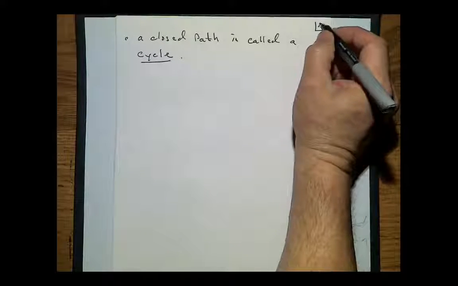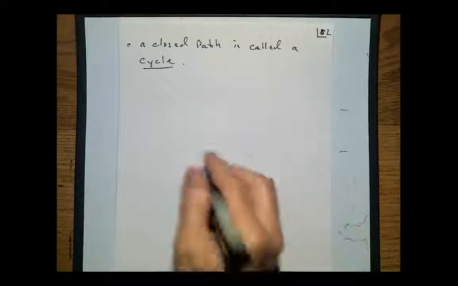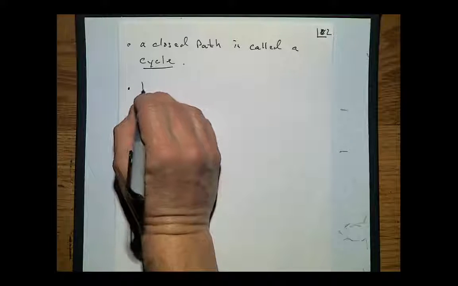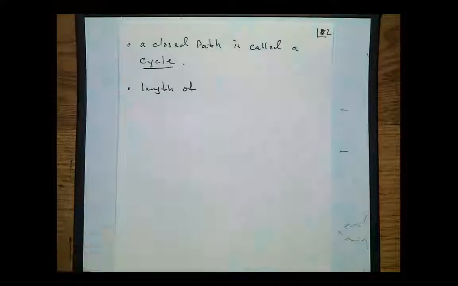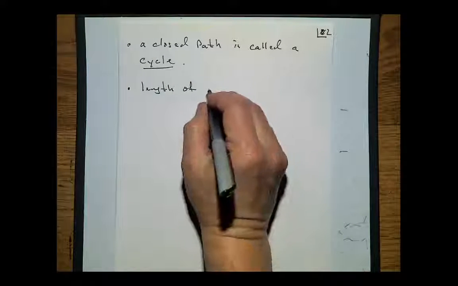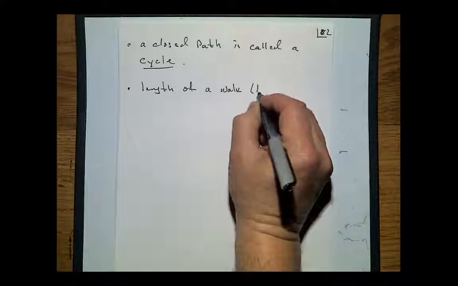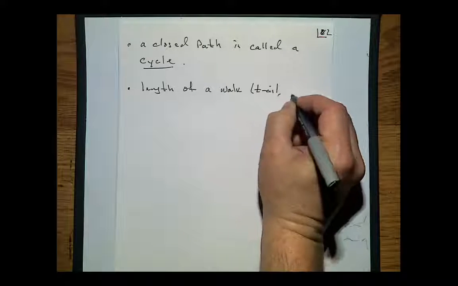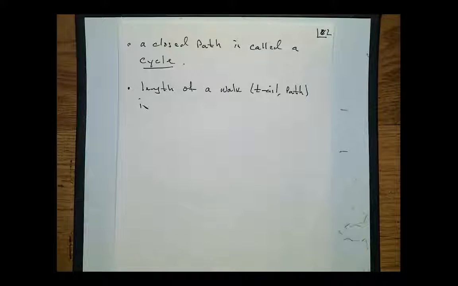What else? Oh yeah, the length of a walk, a trail, or a path is the number of edge traversals.